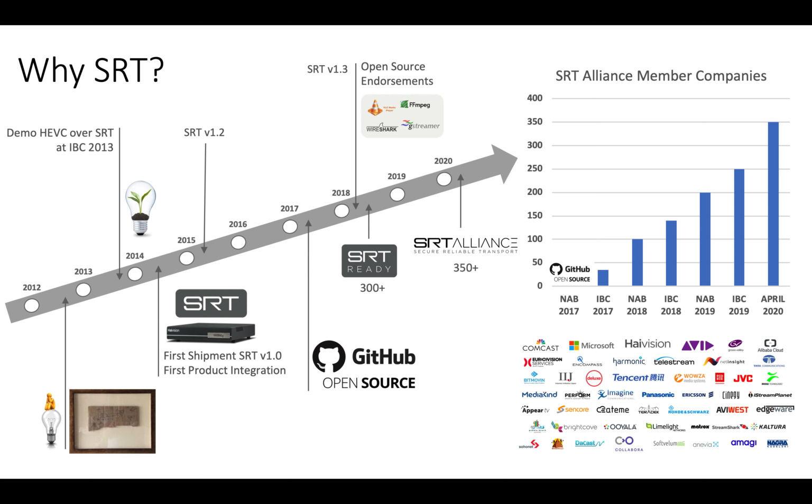It is a good indicator that SRT is a highly demanded solution of a still topical problem of live contribution and distribution. SRT is very flexible, multi-purpose and content agnostic. Its open source implementation is very easy to use because it provides APIs similar to UDP and TCP socket APIs. The library is backward compatible, so that the latest version still supports previous versions of the library.